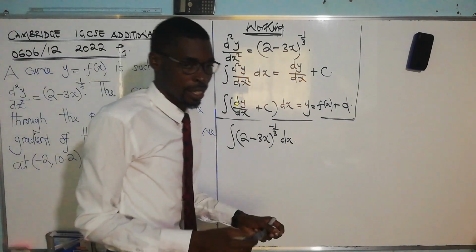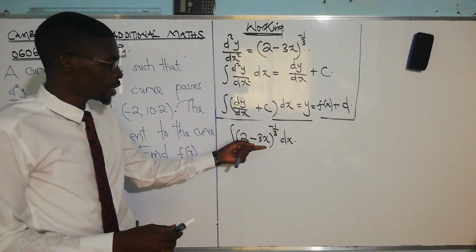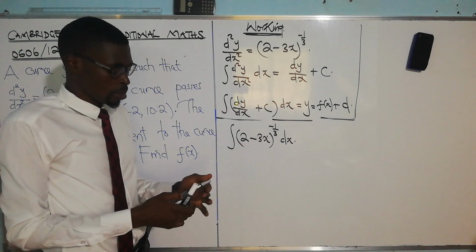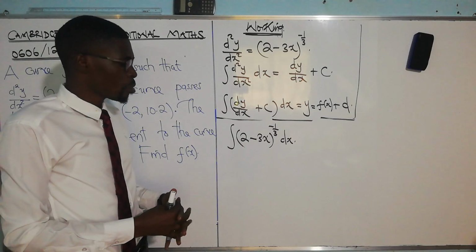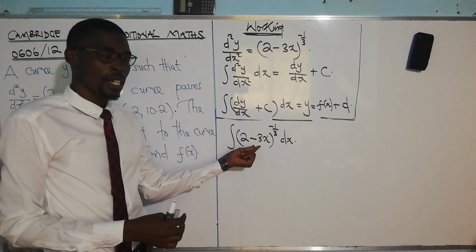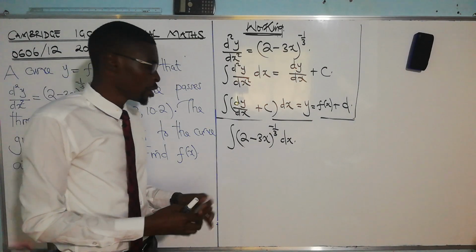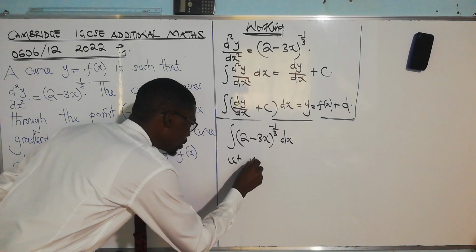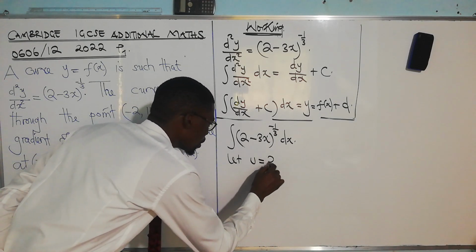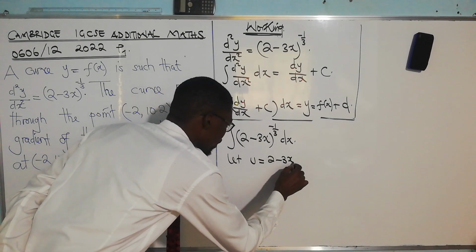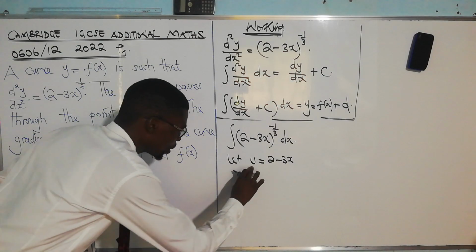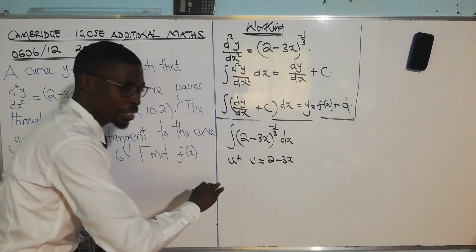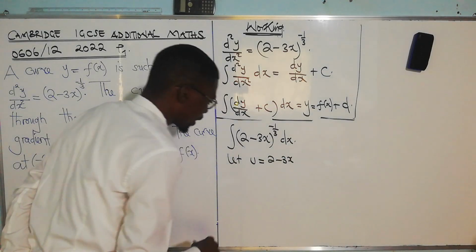In this case, we integrate this type of function, which is composed of a function inside, using u substitution. So we are going to let u be equal to 2 minus 3x. Meaning, what will be dx now if u is equal to 2 minus 3x?